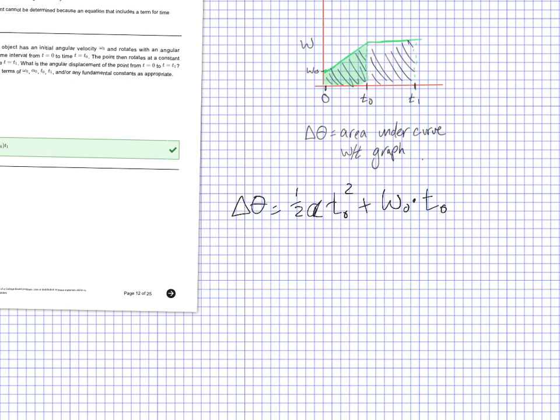So that has to be part of our answer. Some of the displacement is this amount right here, coming from that first green shaded section.